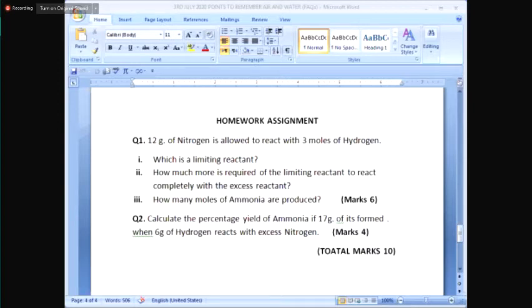You'll set up stoichiometry, you'll write a balanced equation, you'll set up a ratio between the limiting reactant, which is nitrogen, and against nitrogen, the given amount of nitrogen is 12 grams over 28 grams. You ratio it with X grams of ammonia.